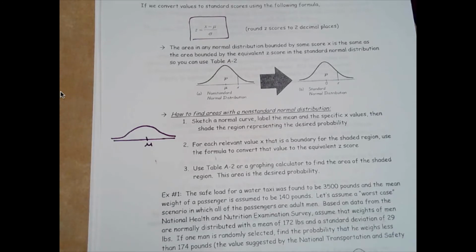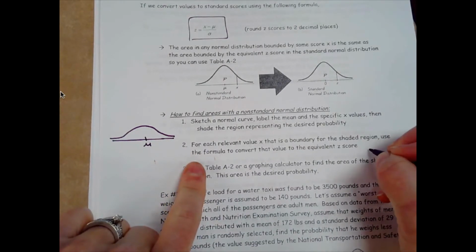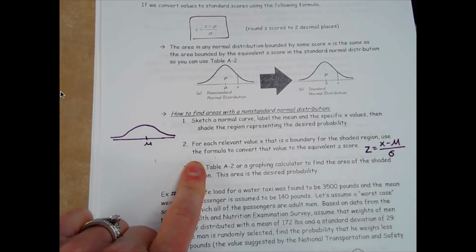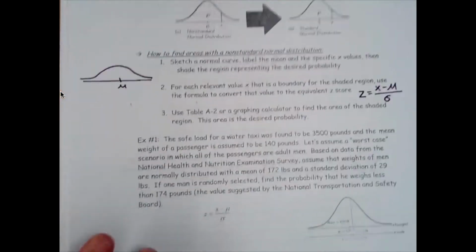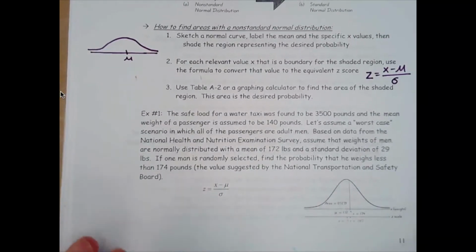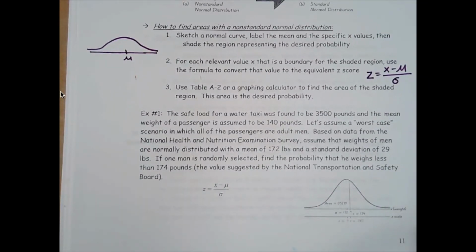For each relevant value x that is a boundary for the shaded region, use the formula to convert. That formula is z equals x minus the mean over standard deviation. And then use the table or the graphing calculator to find the area of the shaded region.